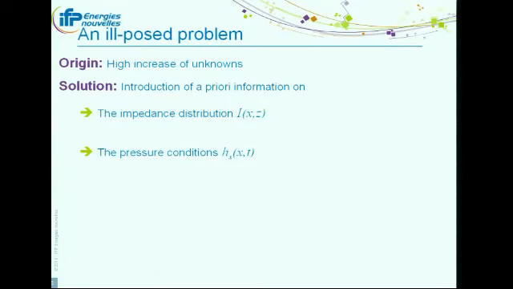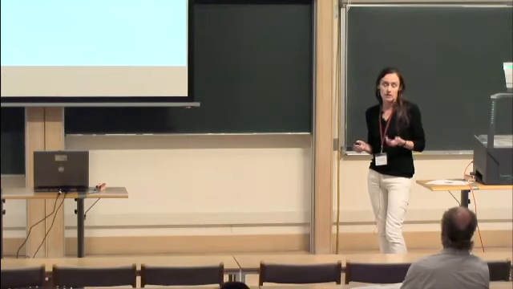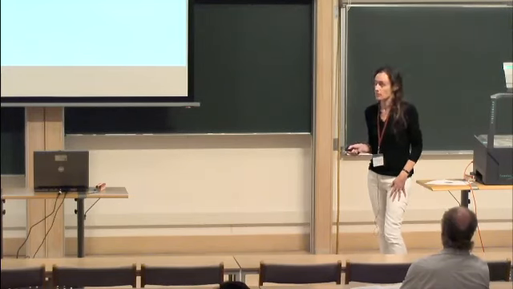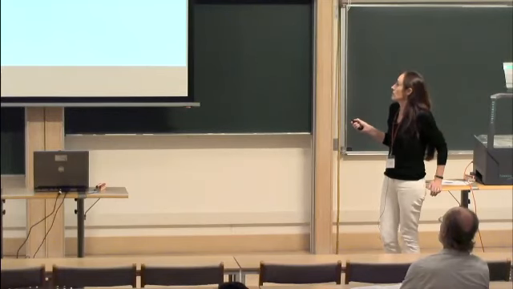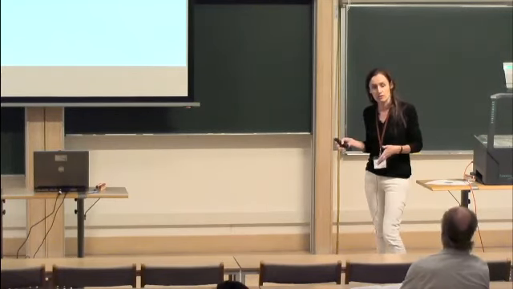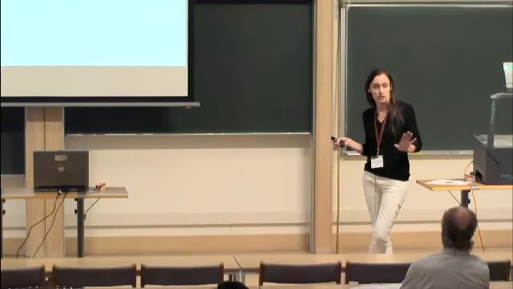However, the reconstruction of these pressure conditions, which is essential if we want to take into account multiple scattering in the case of a medium containing a large degree of heterogeneity, is the main difficulty of our approach. Indeed, compared with the 1D problem, we are faced with a large increase of unknowns. We want to retrieve not only the impedance distribution, but also the pressure conditions associated with each source.